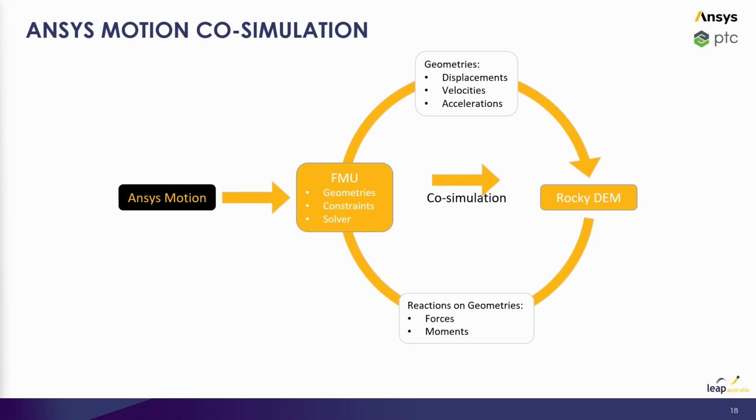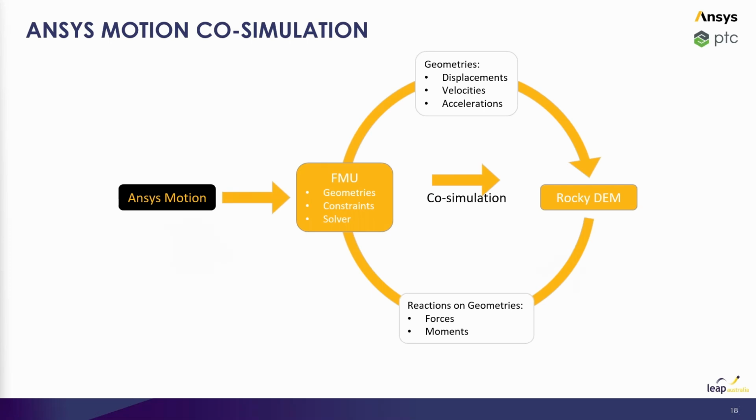And so we can create a feedback loop here where the FMU file, or the Ansys Motion solver, will output the movements, the displacements, rotations, and so on of the geometries, and Rocky will feed back the forces and moments calculated through the interactions between the bulk material and the geometries. Because the Ansys Motion solver is included in the FMU file, it's not actually a requirement for both Motion and Rocky to be installed on the same machine, but you still need a valid Ansys license to actually run the solver.